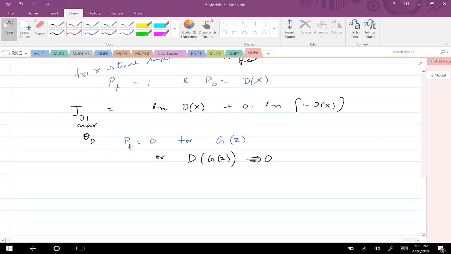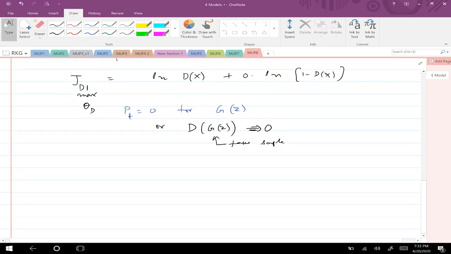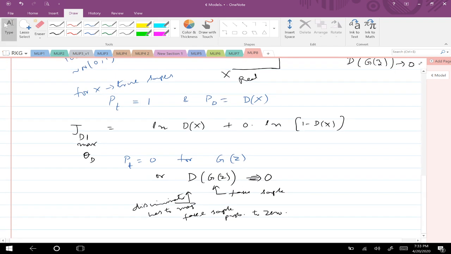This is the fake sample, and the discriminator has to map the fake sample probability to 0. This is its objective. The discriminator has dual objectives.